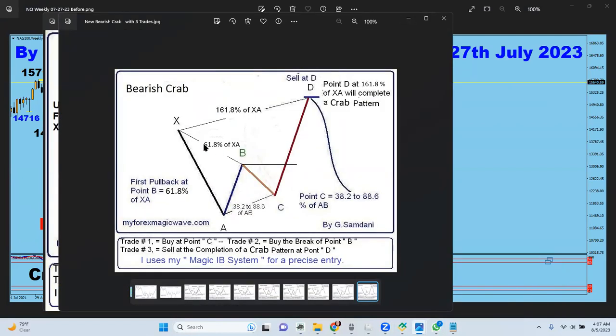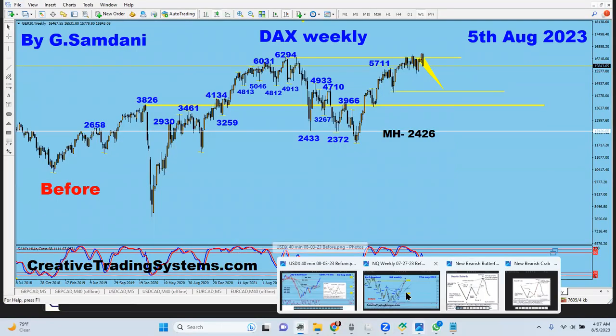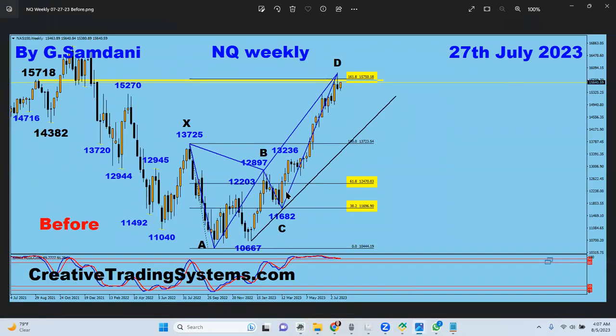The B point is supposed to be at 61%, then C point 38 to 88, anywhere, and then this one at 161, right? So if you look at this, this is 61%, then 38, and then boom, all the way to 161. So this is XABCD, and I was expecting that it will drop from here.